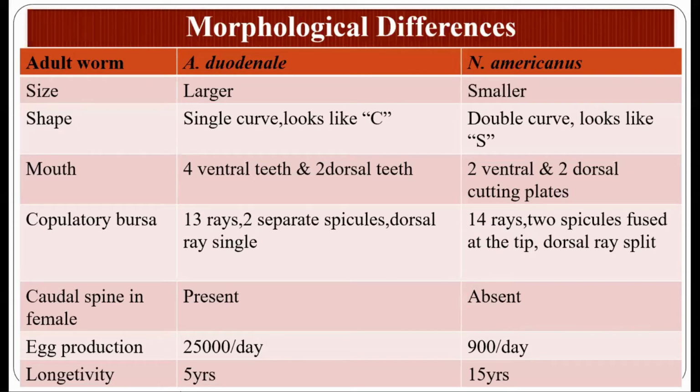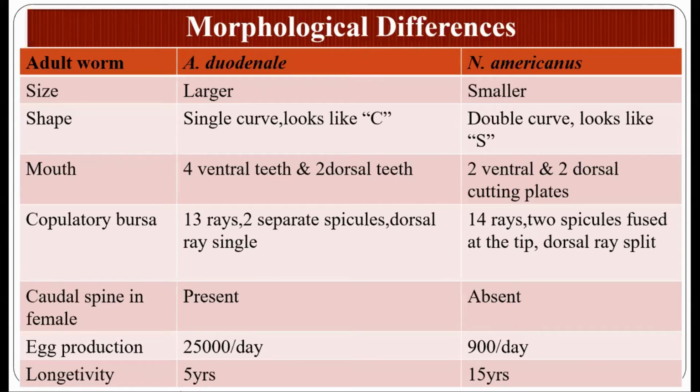Ancylostoma duodenale is comparatively larger than Necator americanus. There is a difference in the shape of these two species of hookworms. Ancylostoma duodenale is C-shaped. The anterior portion and the posterior portion of these worms are directed in the same direction.